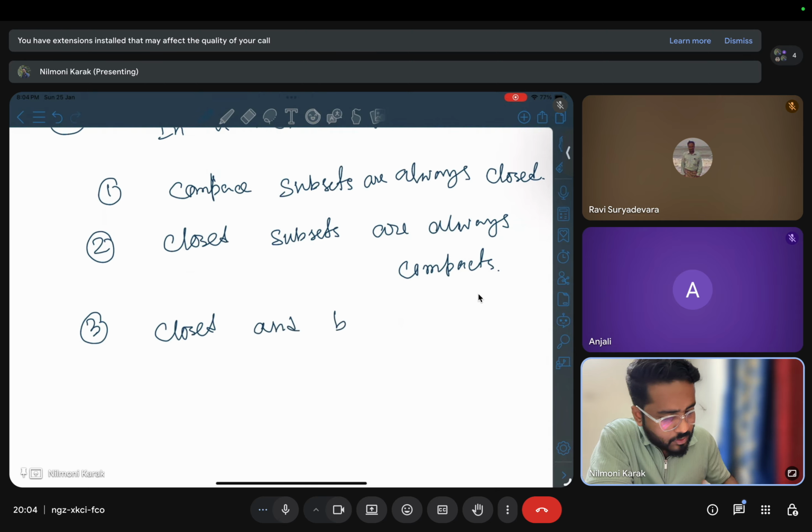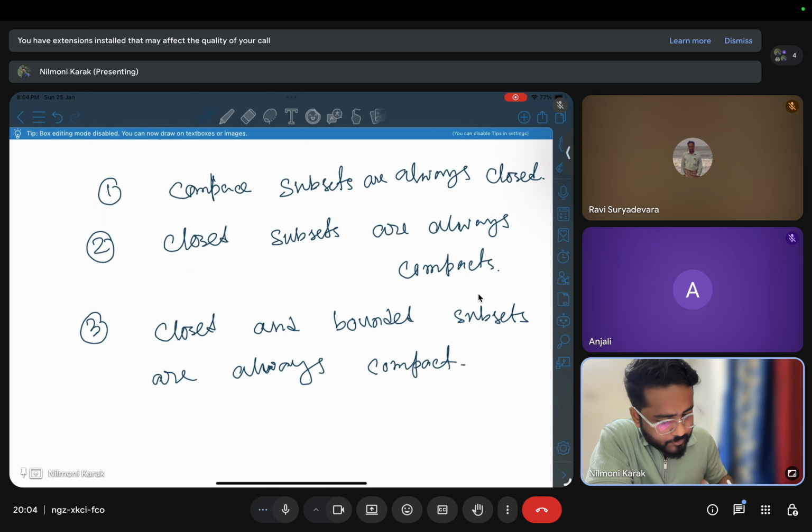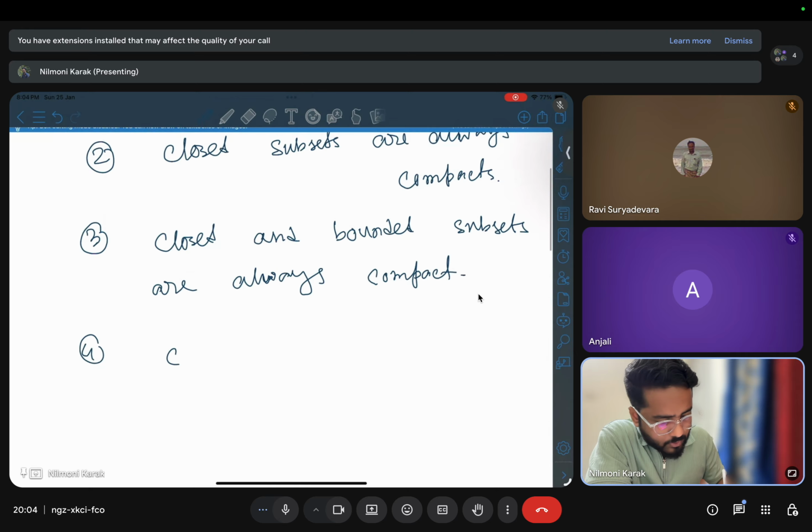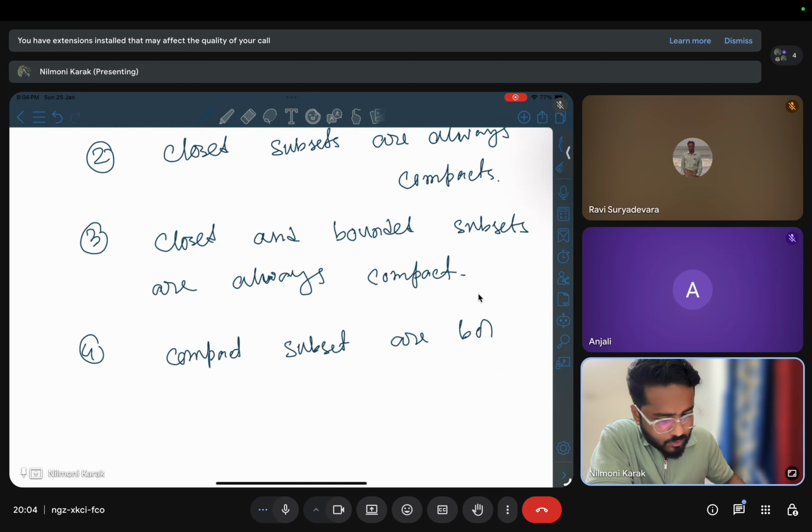Closed and bounded subsets are always compact. For compact subsets, they are both closed and bounded.